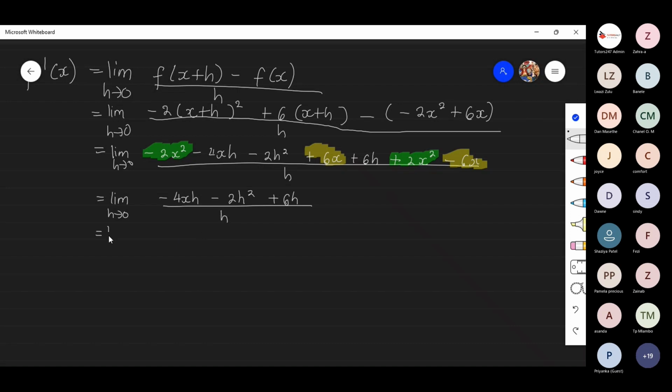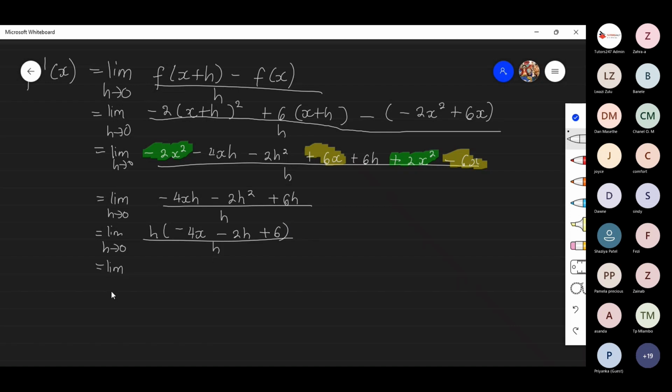From this point, we can take out our common factor of h, which then becomes h into negative 4x minus 2h plus 6 all over h.